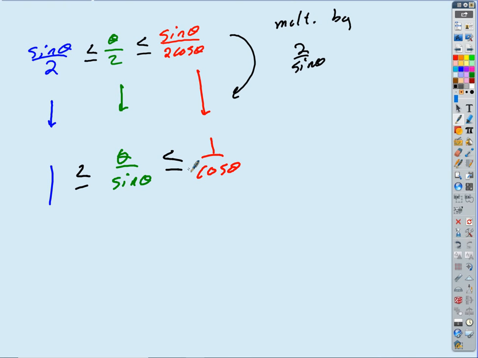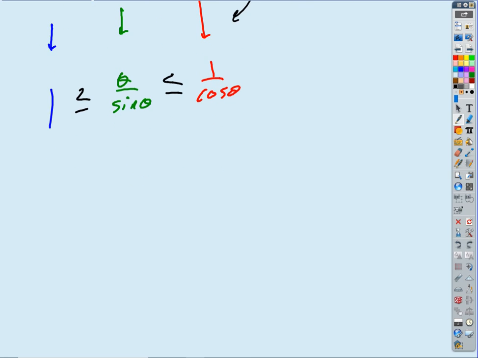Okay, all right, now let's take the reciprocal of all those. The reciprocal of 1 is just 1. The reciprocal of theta over sine theta is going to be sine theta over theta, and the reciprocal of 1 over cosine theta is cosine theta. What's that going to do to the order?